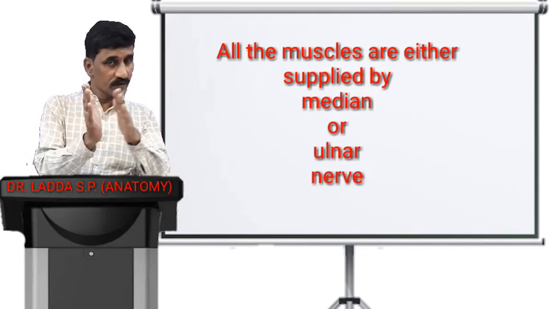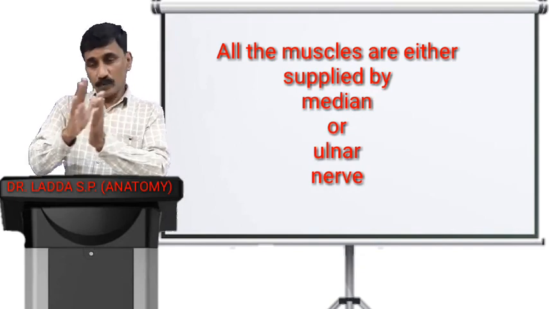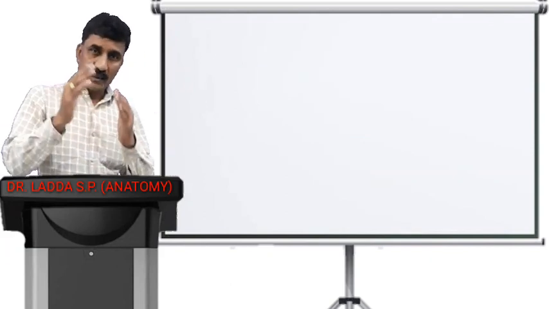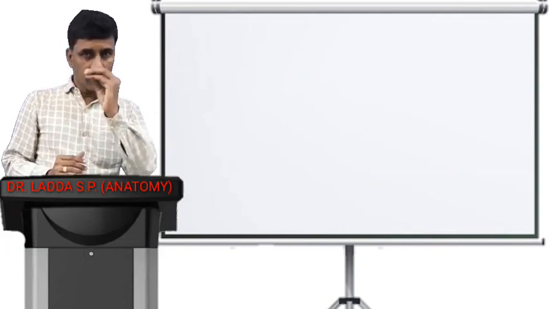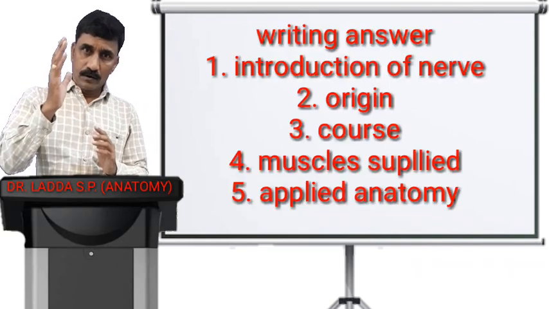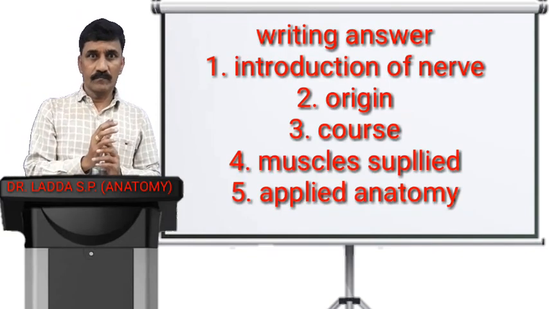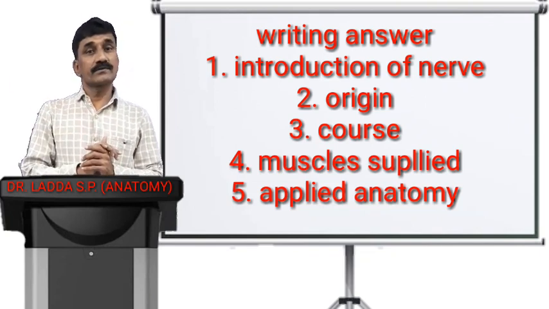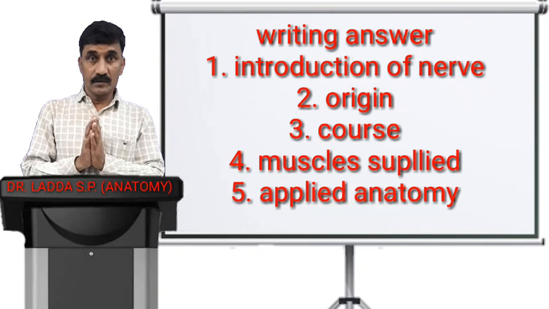Just divide the muscles which are supplied by the ulnar nerve and put the list of muscles which are supplied by the median nerve. If there is a question on the nerve for 10 marks, the knowledge of the brachial plexus completes 25%. The knowledge of the names of the muscles completes 25%.